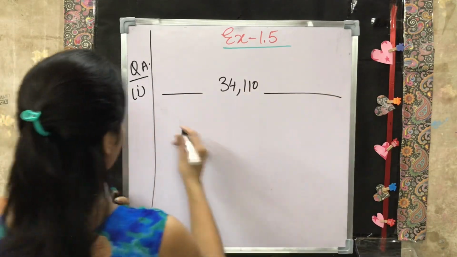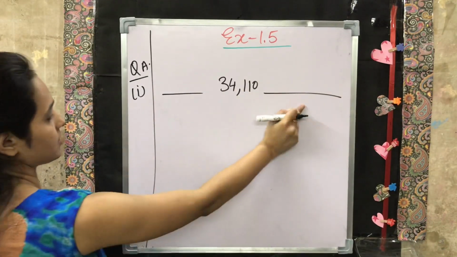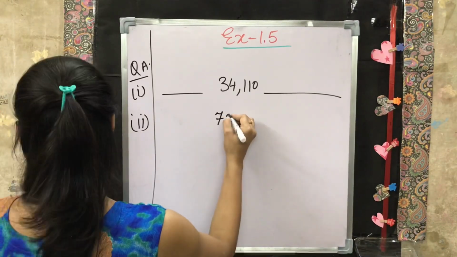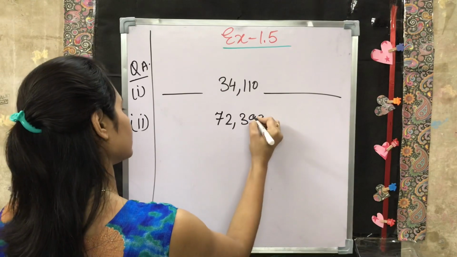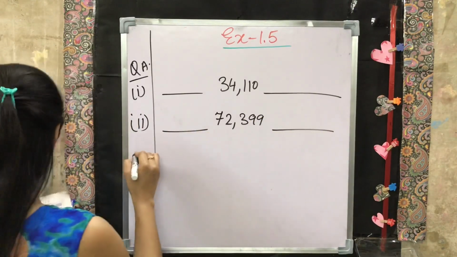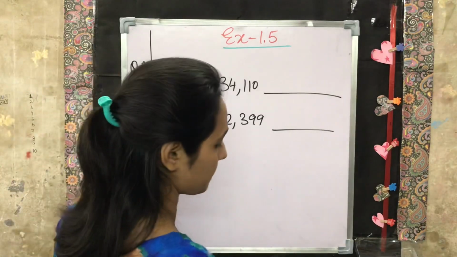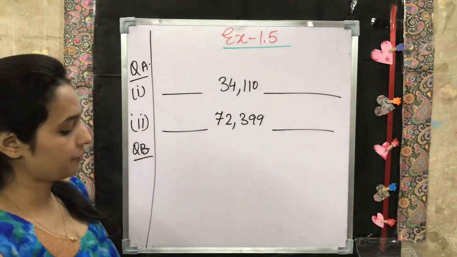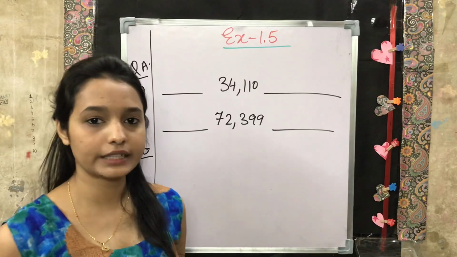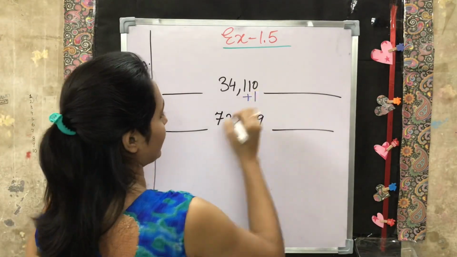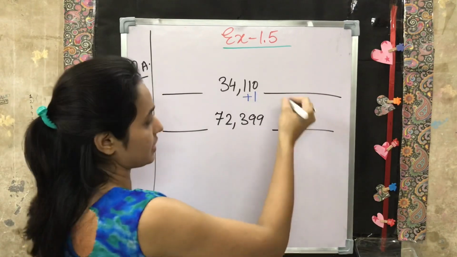Here we have to write the predecessor and here the successor. The next number is 34,110. For this we have to do the same. What will its successor be? We have to add 1 to find the successor.